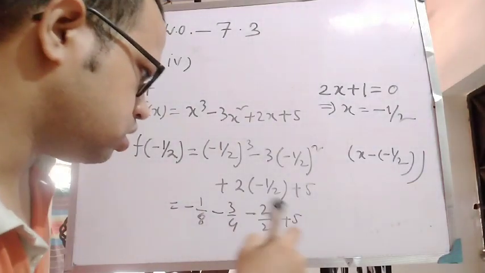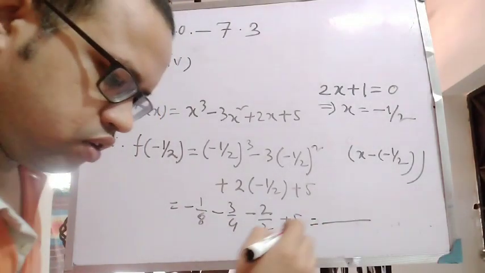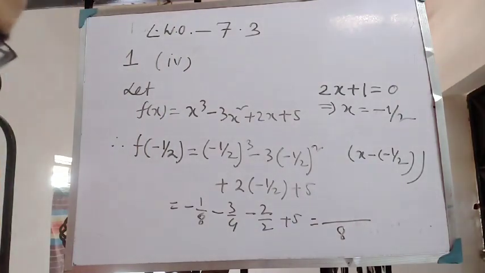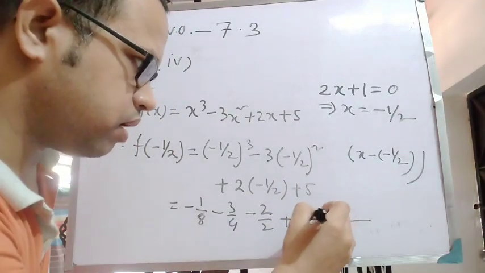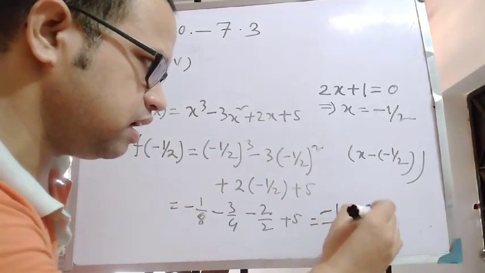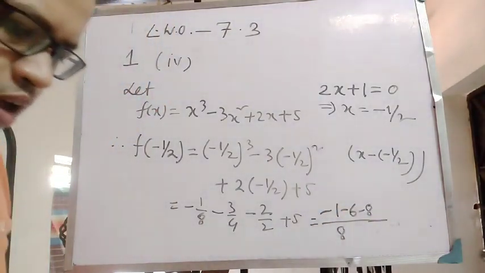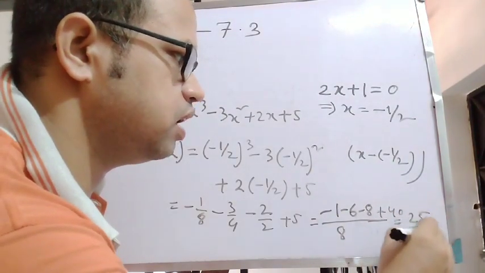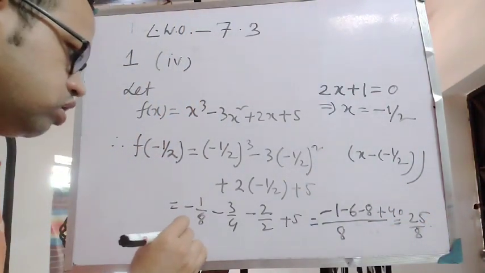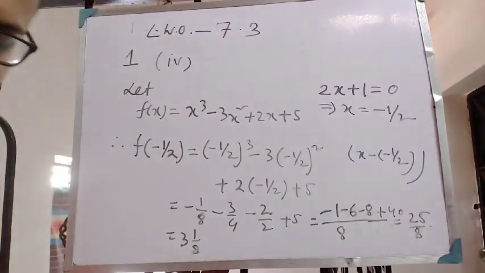Ultimately, the LCM will be 8: minus 1 minus 6 minus 8 plus 40, that is 25 by 8, and the value will be 3 whole 1 by 8.